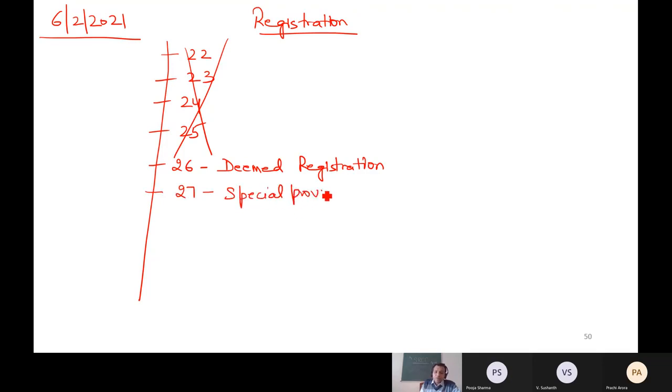I hope the screen is visible. Special provisions of registration related to a casual taxable person and a non-resident taxable person. These people have special provisions.